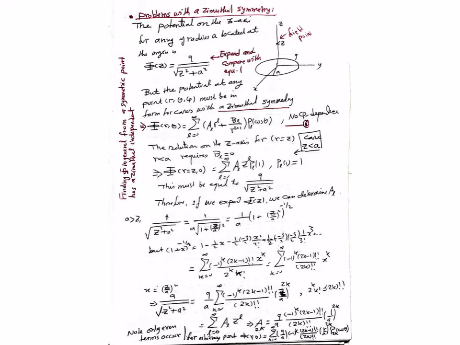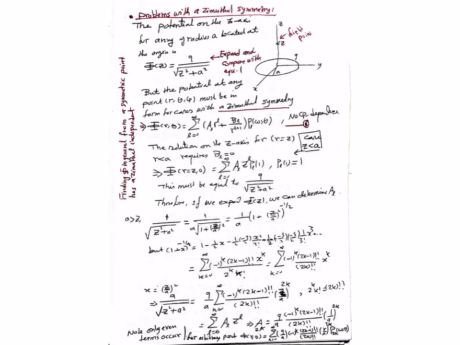The radius of the ring is A. I have to find the potential on the symmetry axis, the Z axis, in two cases: when Z is greater than the radius of the circle and when Z is lesser than the radius of the circle. We know that the potential at a point Z is given by Q over the square root of Z squared plus A squared.